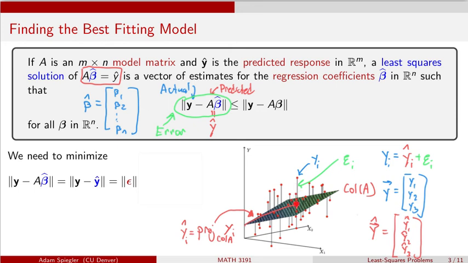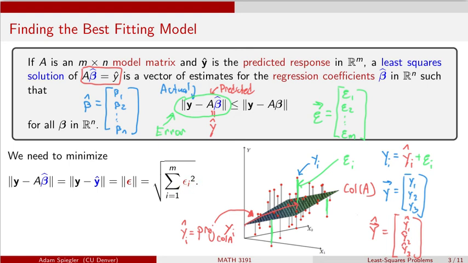This is a vector of errors. For example, maybe epsilon 1 is this distance right here, epsilon 2 is this distance over here, epsilon 3 is this distance, and so on. We want to minimize the length of the vector of epsilons, and that would look like taking the square root of the sum of the epsilons squared.